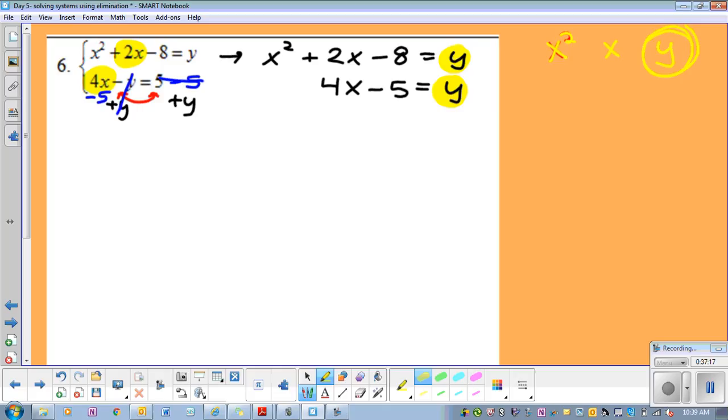Which one's shorter? Yeah, that second one, right? So just multiply the whole second one by negative 1. Okay? That way I can make the second y a negative y.